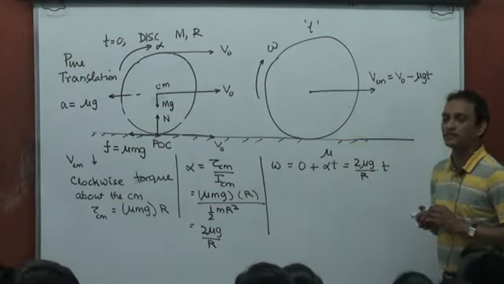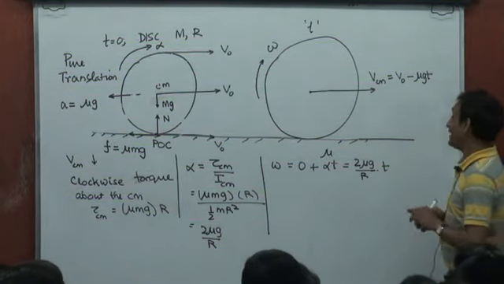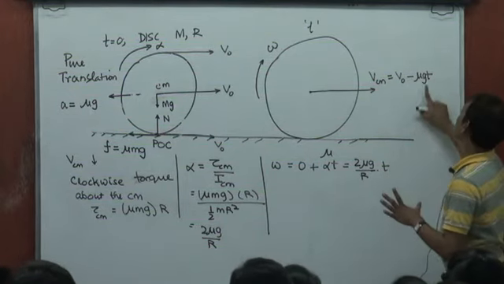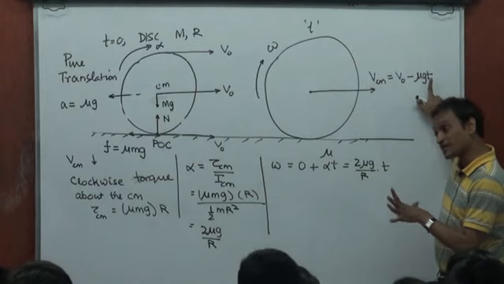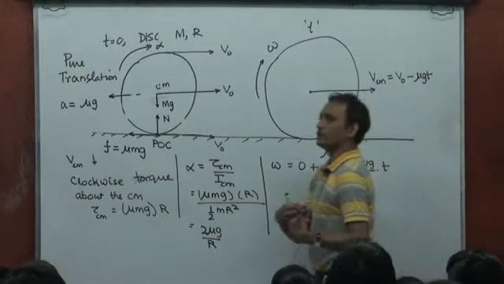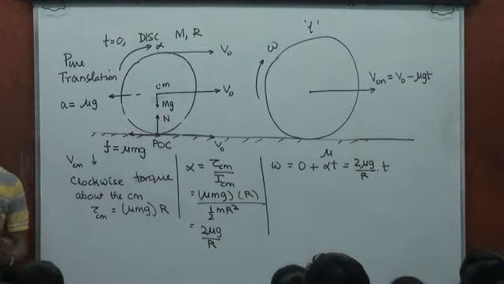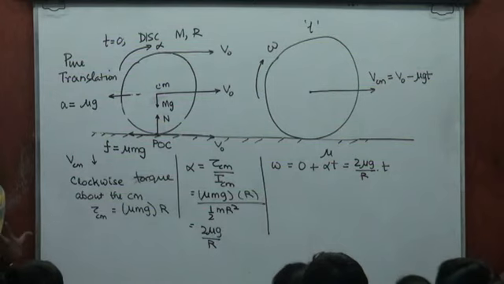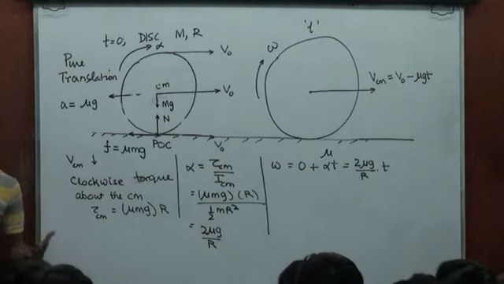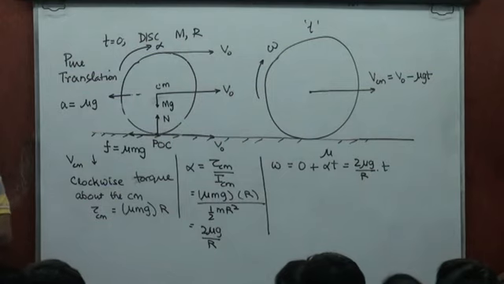VCM at an instant of time t is known to us. Omega is increasing with time, VCM is decreasing. Look at how friction really acts. It's a very basic trait and character of friction. When we started the whole scenario, the translation effect was pronounced, the rotational effect was weak. There was no rotation. So rotation was the weaker aspect of the motion, translation was the stronger aspect.